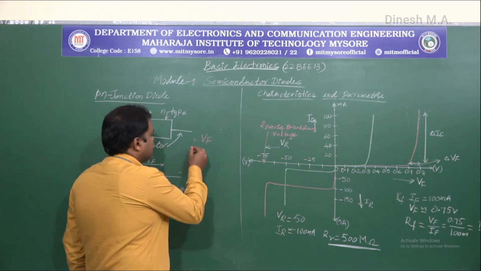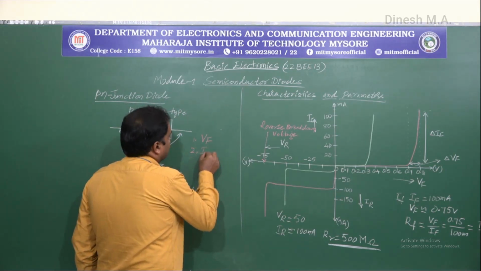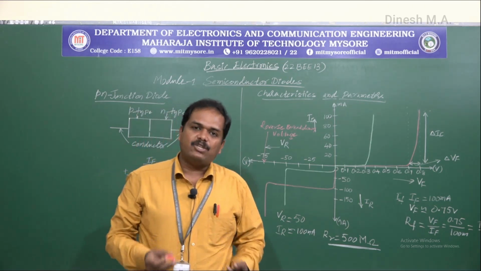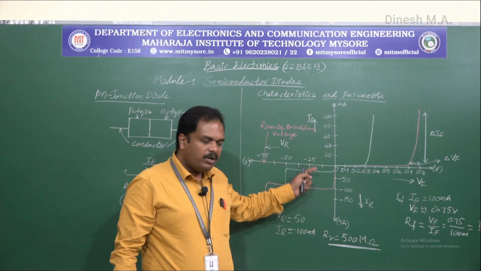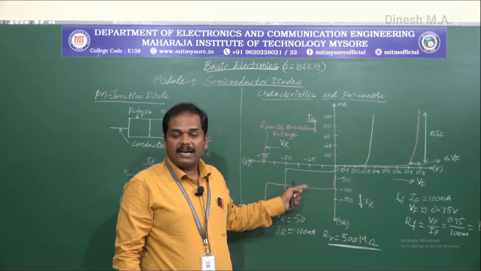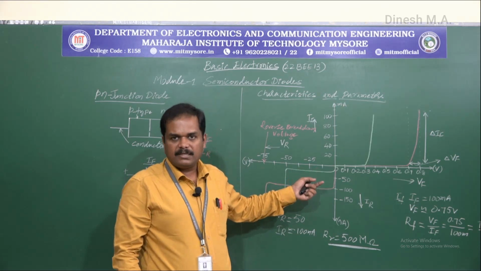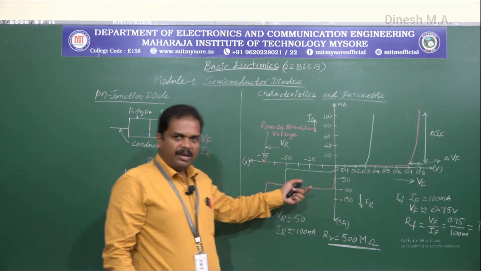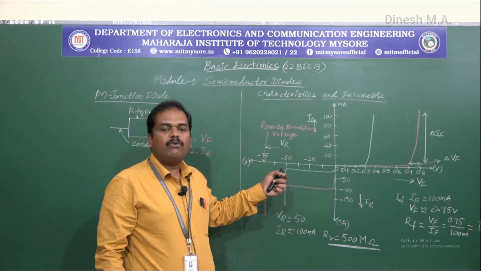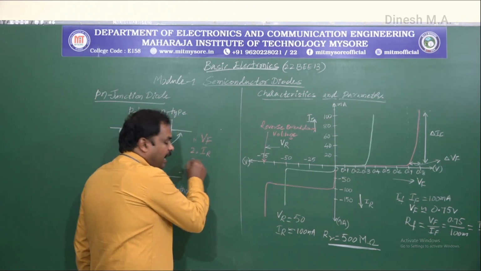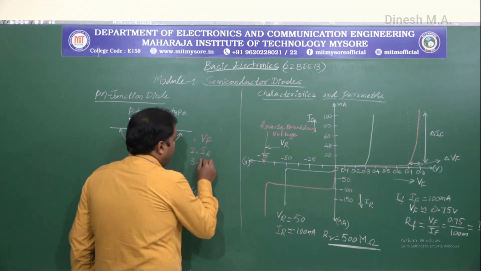Second one is IR. IR is the reverse saturation current. That is, when the diode is reverse biased, what is the current flowing through the junction? Typically it should be zero. So the reverse saturation current is what is flowing through the diode. And third one is VBR.